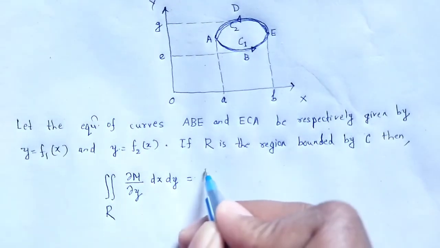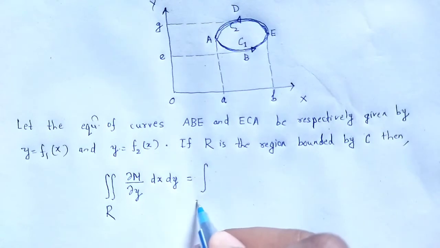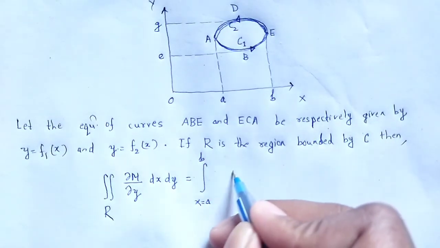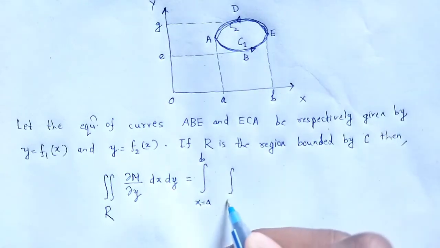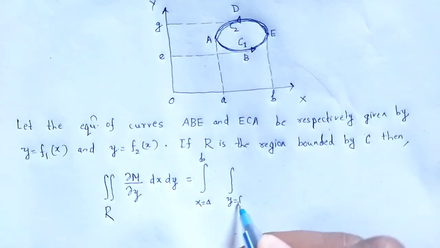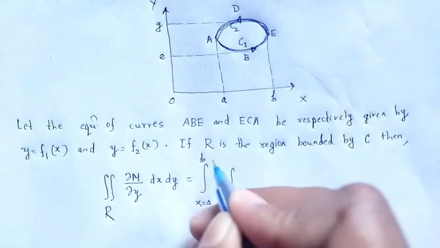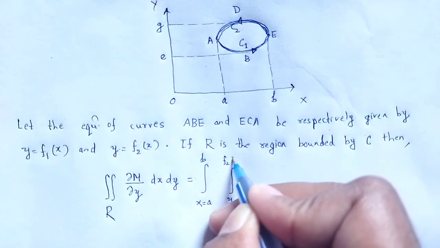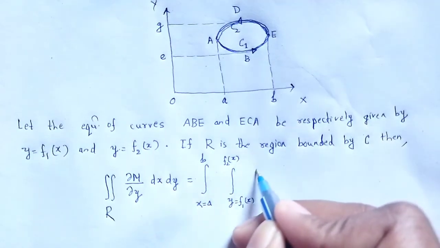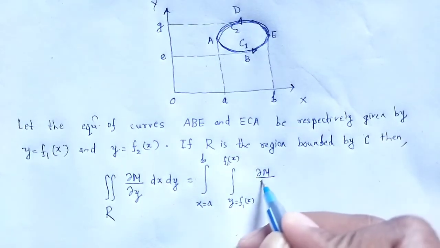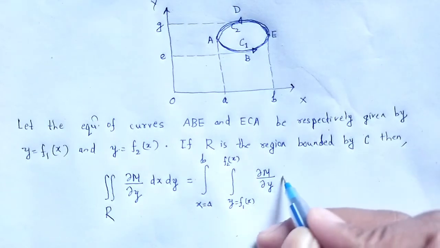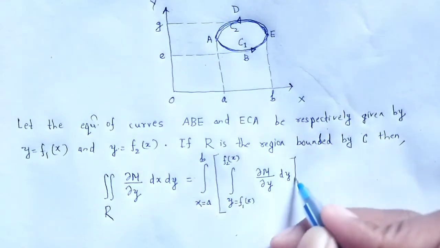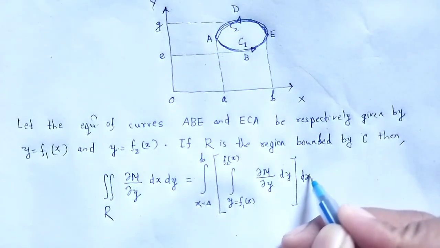Now we solve it as the integration with limit of x from a to b and limit of y from f1(x) to f2(x) of ∂M/∂y, integrating with respect to dy, then dx.